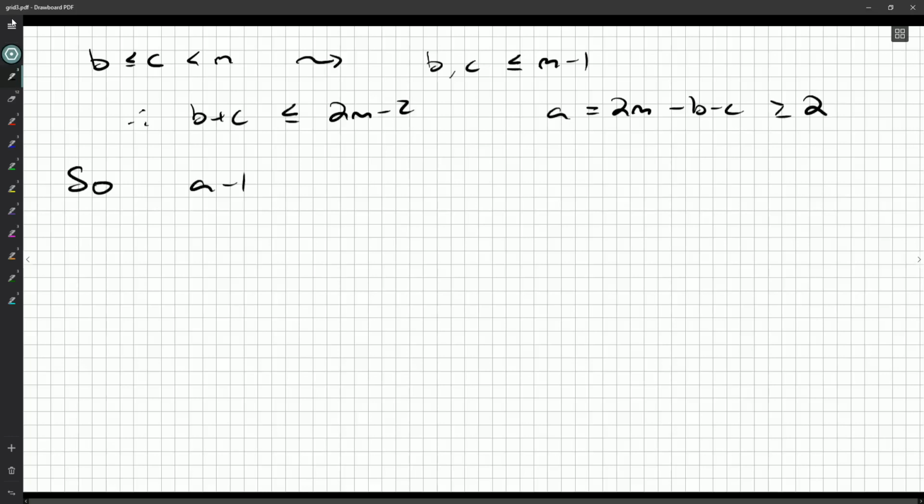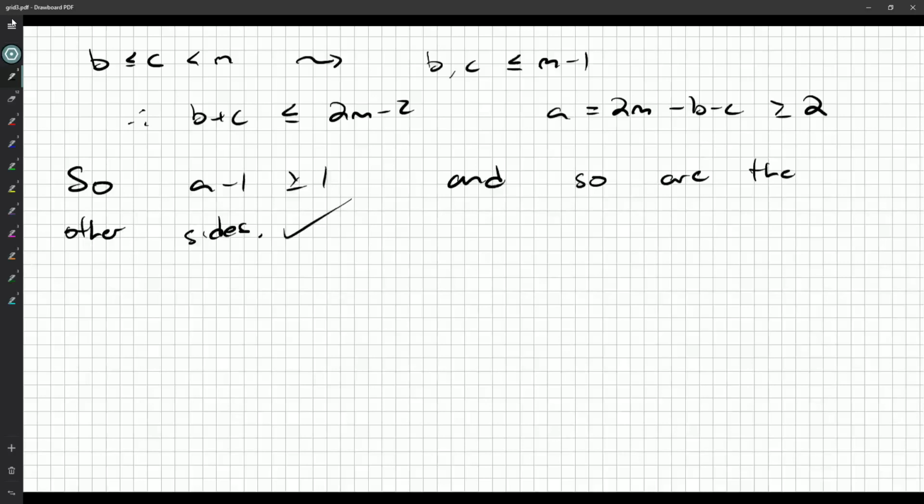So A minus 1 is greater than or equal to 1. And so are the other sides. So triangle inequality is satisfied. They're all positive side lengths. And the perimeter adds up. So yes.